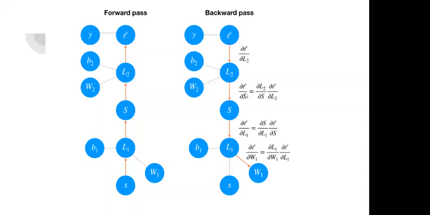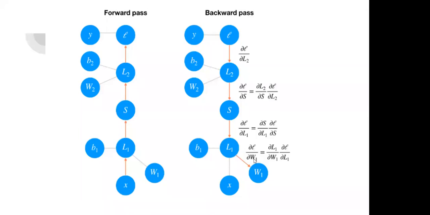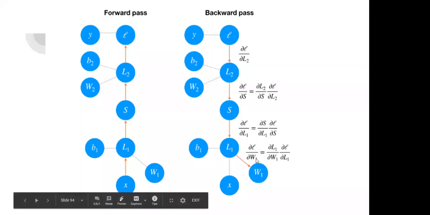You use this product and fit it over here, so it becomes a big equation. Then you drill right down to the last weight and calculate how the loss is changing with respect to weight 1, del L by del W1. This is what you're actually calculating. You apply the chain rule, del L1 by del W1.